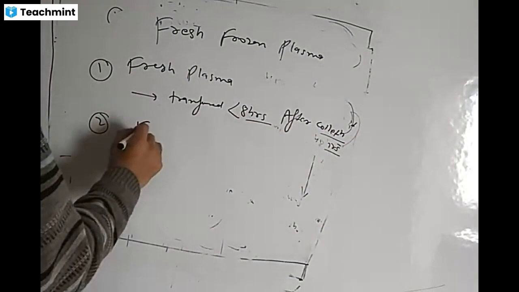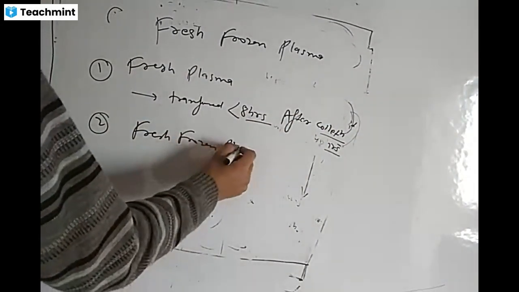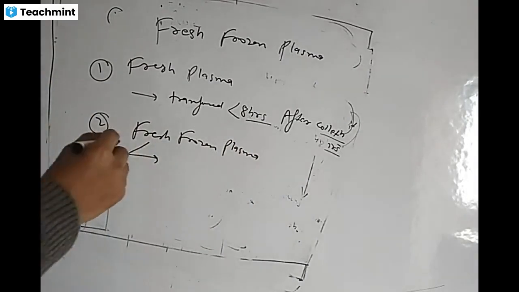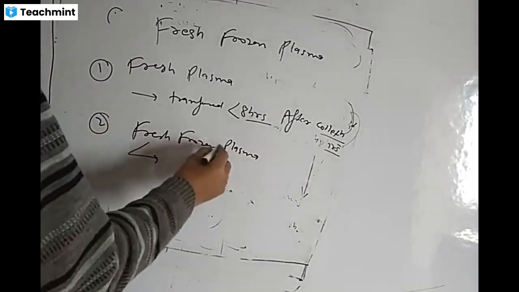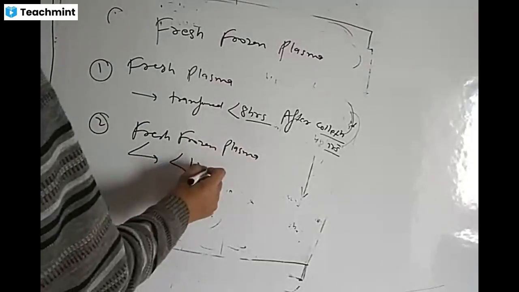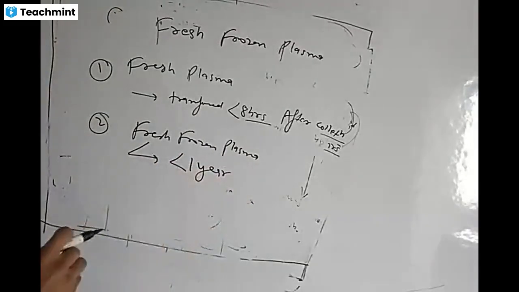Second is fresh frozen plasma. It is collected and must be used within 1 year.